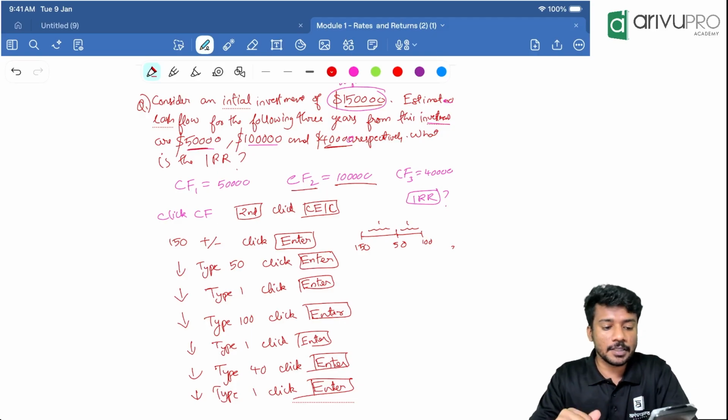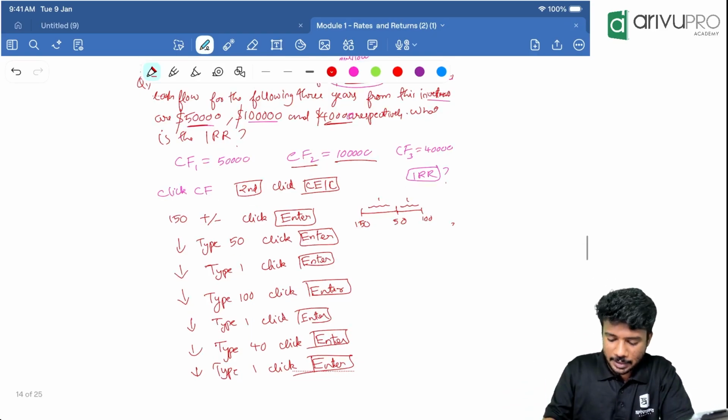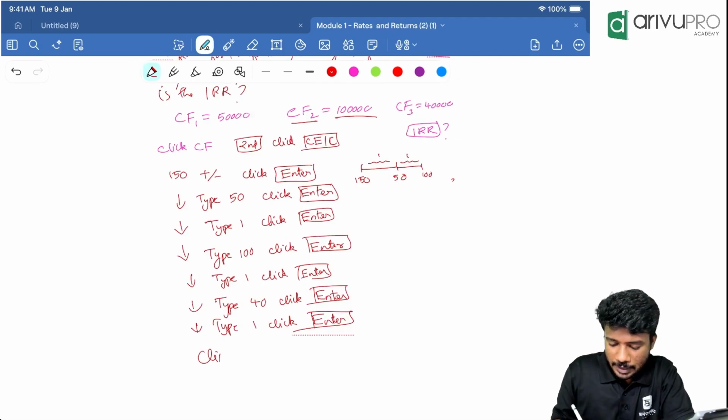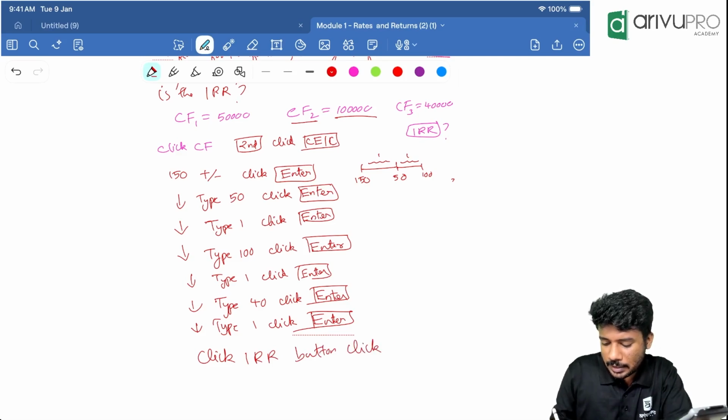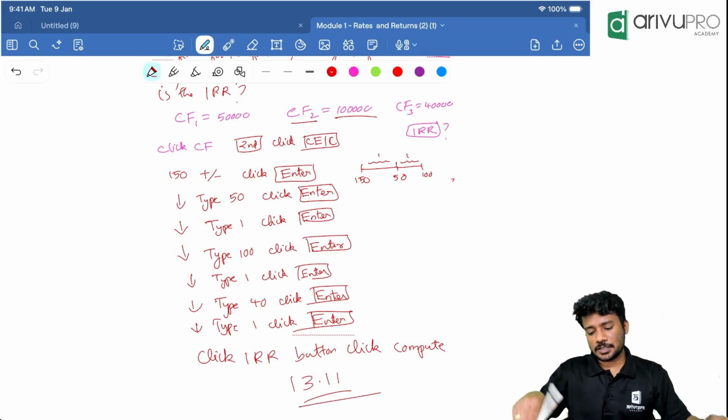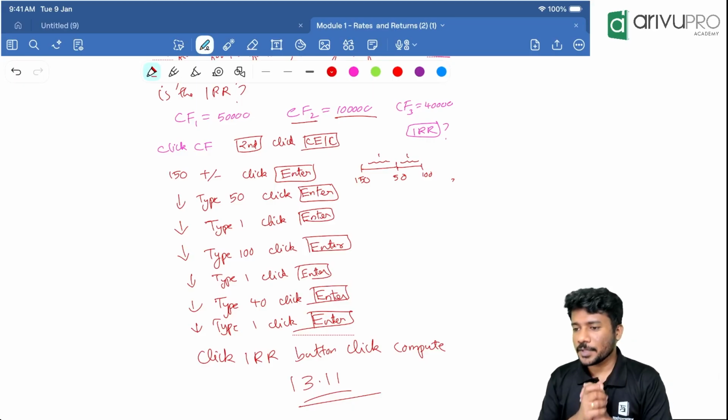Click the IRR button, then click compute. So how much are you getting? 13.11. Correct? Yes. Understood the method.